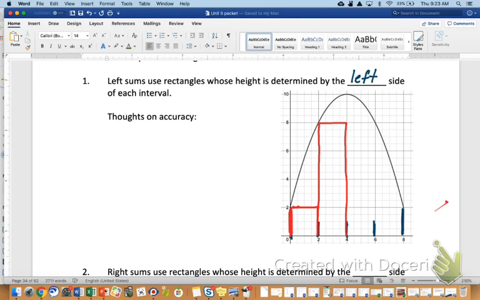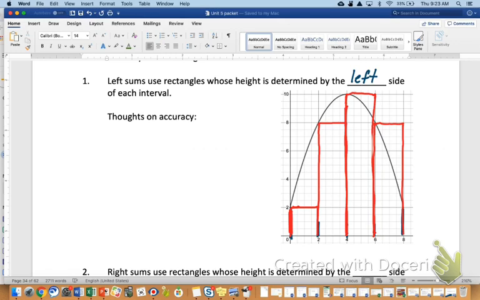From 4 to 6, the left side height is determined by the height at 4, so that would be up here, and that rectangle would look about like that. From 6 to 8, we'd be looking at the height at 6. Please notice that all of these rectangles have a height based on the height of the curve on the left side of the interval. That's why they're called left sums, or left sum rectangles.